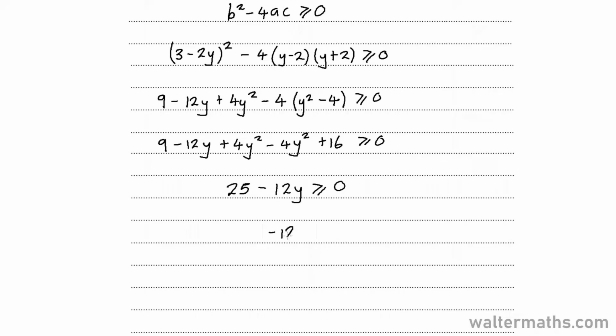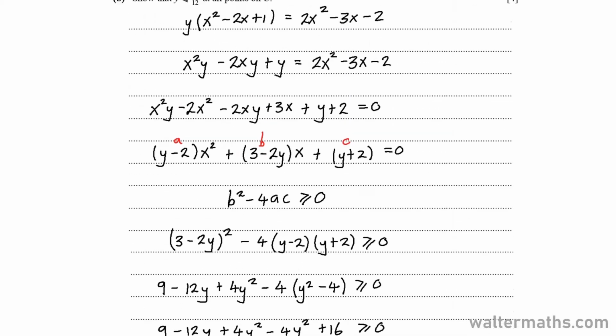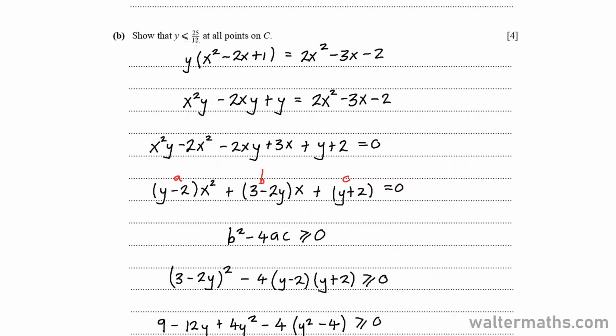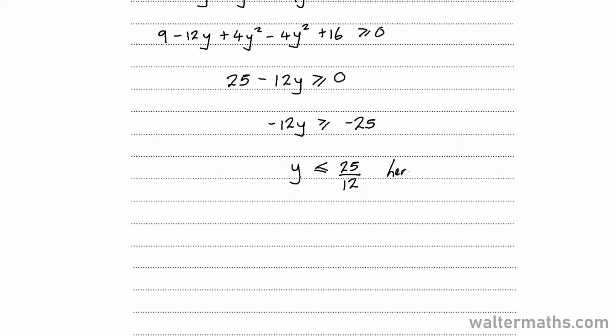So minus 12y is greater than or equal to minus 25. And if we divide both sides by minus 12, then the sign is going to reverse, and on the left side we'll be having y, and on the right side we'll be having minus 25 over minus 12, which is 25 over 12. And this is what they want us to get according to the question. So here I'll say hence shown.